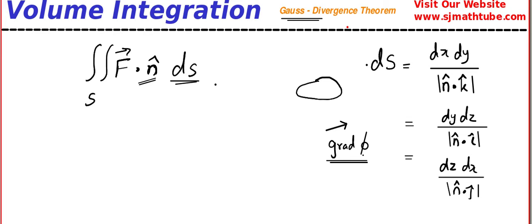In general, if you want the outward drawn normal to any surface, all you have to do is calculate the gradient of the function. Now let's see if we have an advantage or not. In the cube, we had a huge advantage because all the 6 surfaces were parallel to the x-axis, the negative x-axis, the y-axis, the negative y-axis, etc.